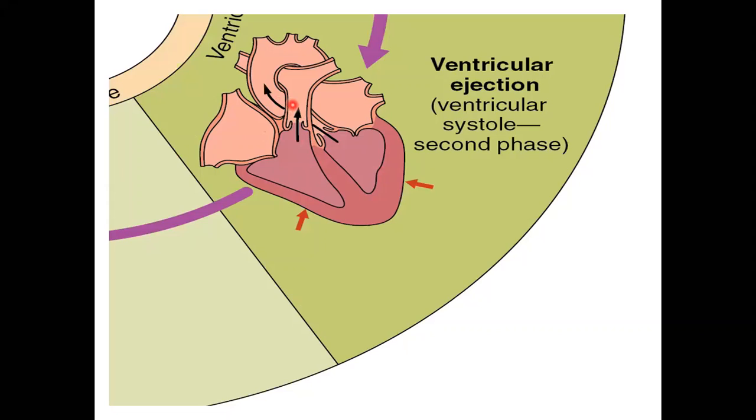The rapid ejection phase is of 0.11 second. Blood spurts from the heart with a peak flow of 5 to 10 times the mean flow rate. Thereafter a reduced ejection phase is also there. What is the reduced ejection phase?